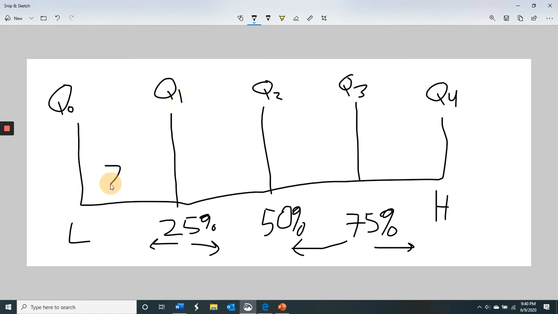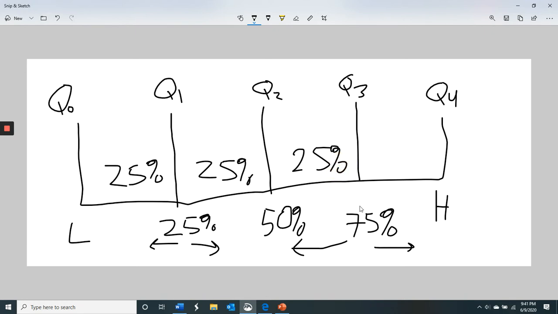And so just to go through this, 25% of the scores are between the low score and Q1. 25% of the scores are between Q1 and Q2. So 25 plus 25 is 50, you can see here. And then 25% of the scores are between Q2 and Q3.